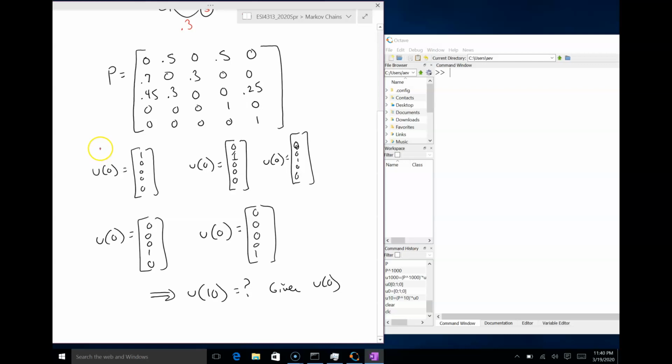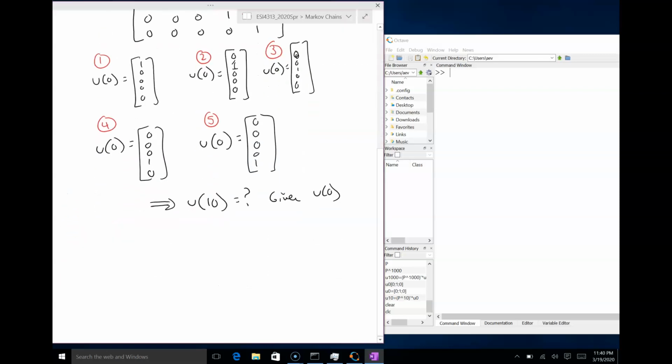This is starting in state 1, this is starting in state 2, starting in state 3, starting in state 4, and starting in state 5. All right. So let's go ahead and quickly calculate those probabilities. Since we're doing the 10-step transition, we take P to the 10th power, and then we multiply it times whatever U0 is.